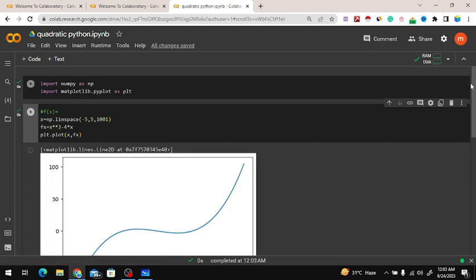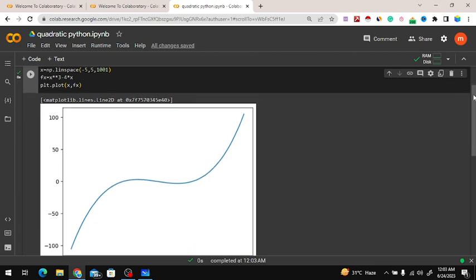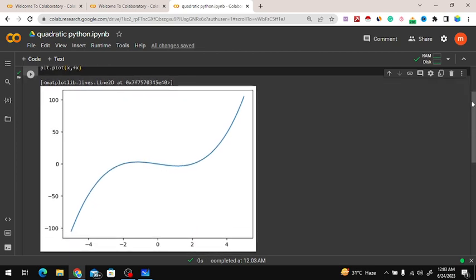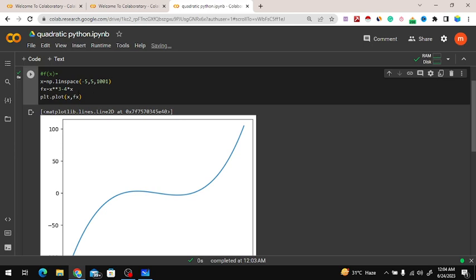Yeah. So your cubic equation looks like this, and if you put x cube minus 2 x square, what happened?